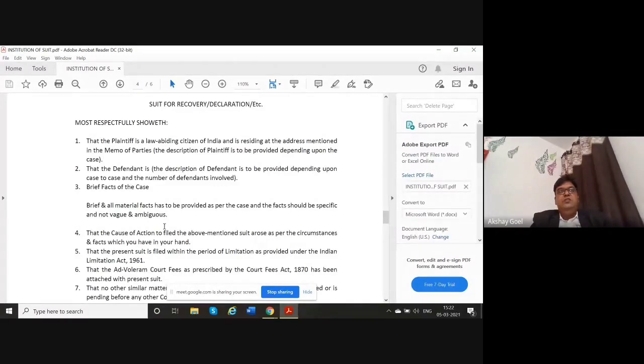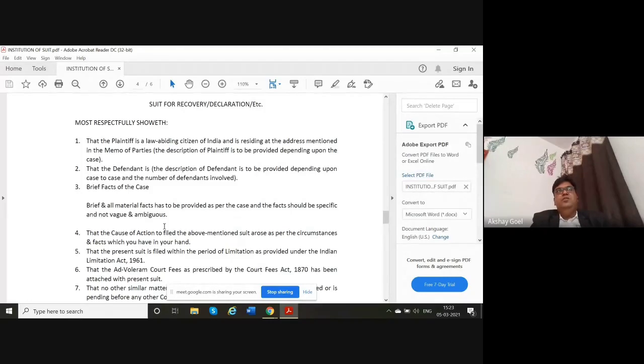The specific facts would be that the defendant is selling these particular products. He approached the plaintiff on a particular date or in a particular month. After that, the plaintiff agreed to buy the products and ordered this amount of product, which was to be delivered in this period of time, and this was the payment made by the plaintiff through this mode.